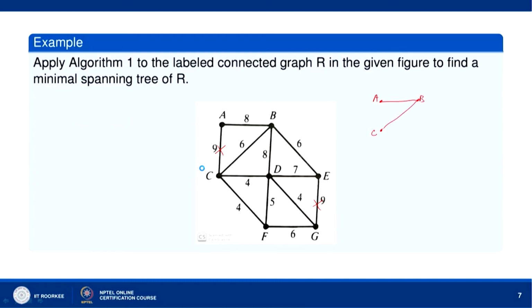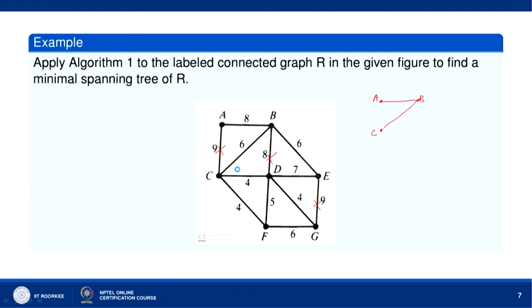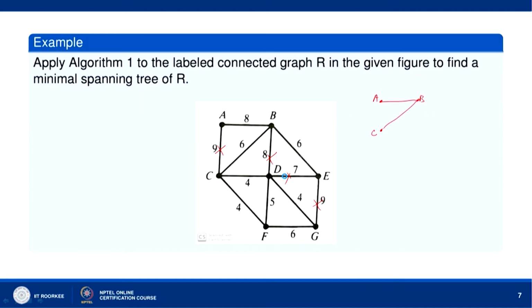So, D we have deleted. Now, BC if we delete, what happens? If we delete BC, we will have this situation.